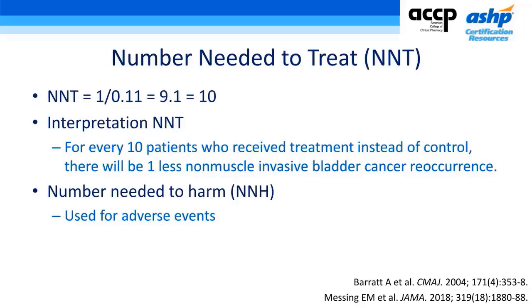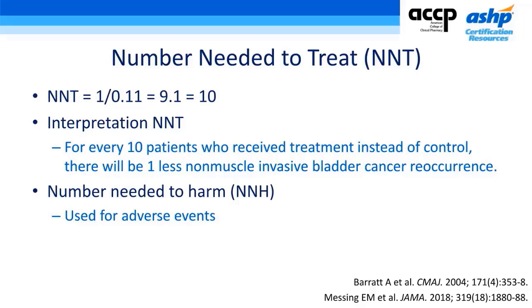Now, a sister to number needed to treat is number needed to harm. And we use the number needed to harm to calculate for the various adverse events. And it helps us determine basically risk benefit for treatment. Now, in number needed to harm, if we had a number needed to harm of 9.1, we would round down versus rounding up for number needed to treat.